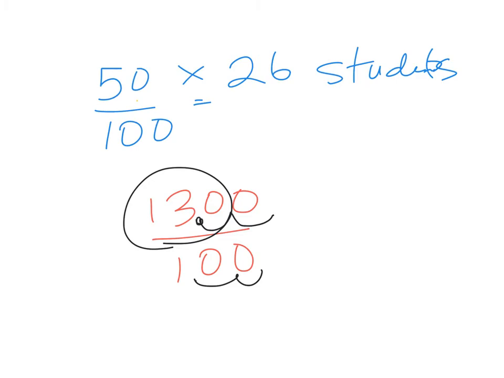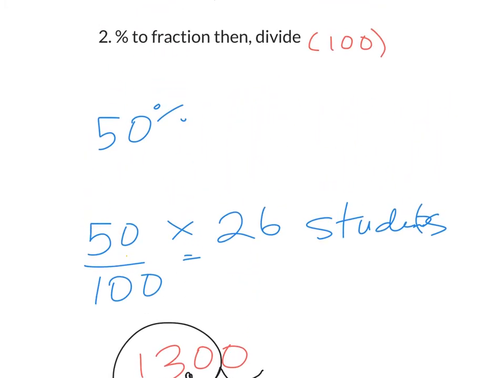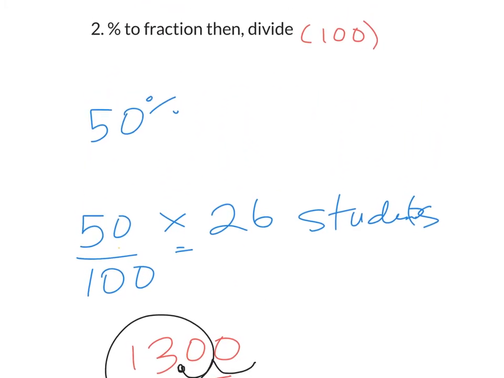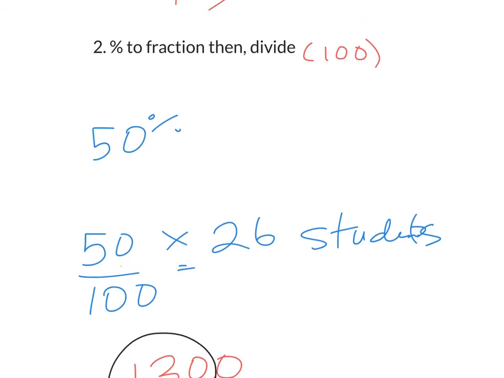If we were to do something like, let's go back to the top and use this strategy. Let's just refresh the strategy. Percent to fraction, then divide, usually by 100. Percent is what we started with, 50% students. How many students? 26. So 50 turned into a fraction. Our fraction was 50 over 100.